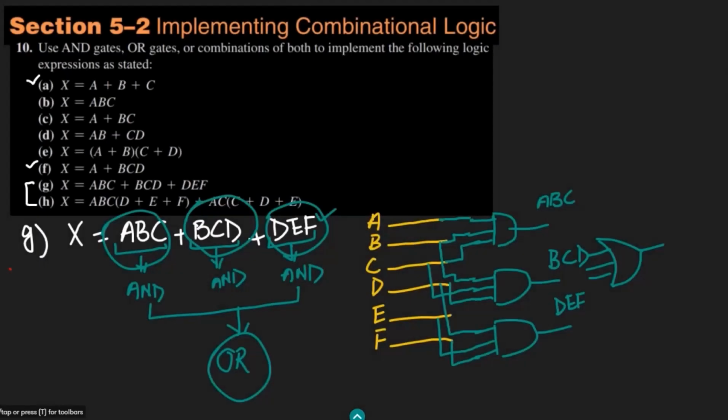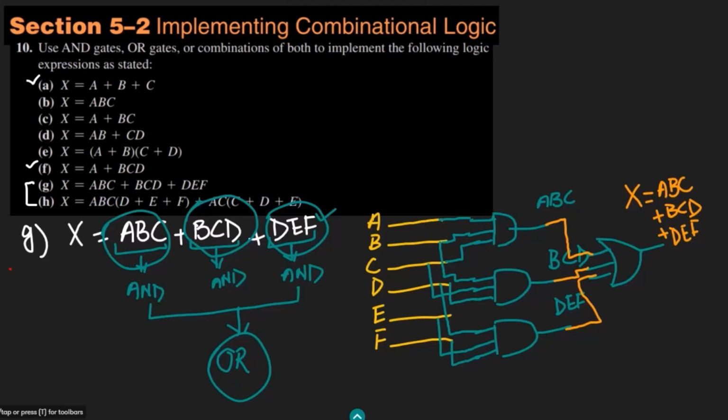This is the first input, this is the second, and I am going to use this third one, and this is the output. This output is composed of ABC plus BCD plus DEF, and that is the output of this circuit. So here we have seen how to implement this part G as well.